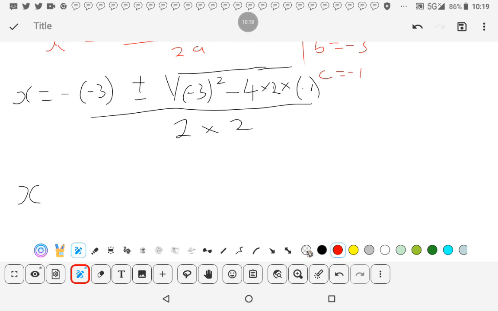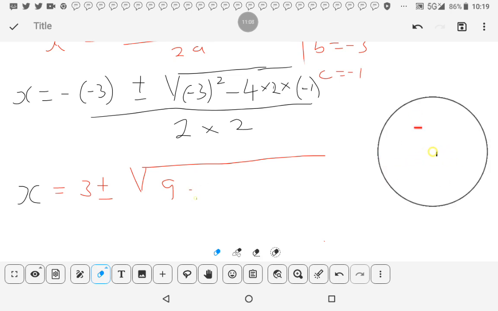So we have minus 3 times minus, which will give you plus 3, plus or minus the square root of b squared, that is minus 3 squared, minus 3 times minus 3 will give you 9, then minus 4 times 2 times minus 1. 4 times 2 is 8, with the minus that is minus 8, and minus 8 times minus 1 will give you plus 8.